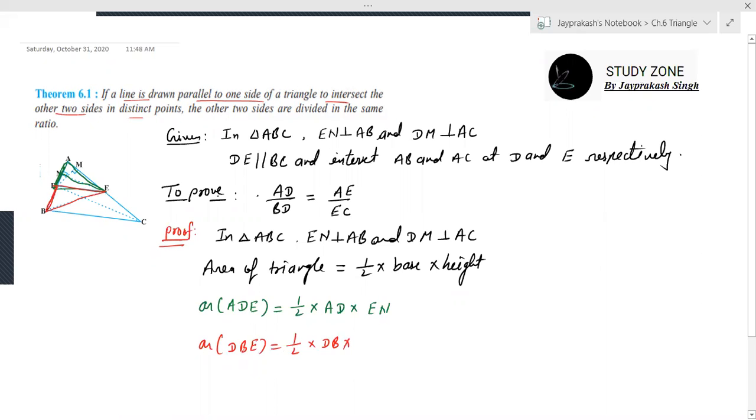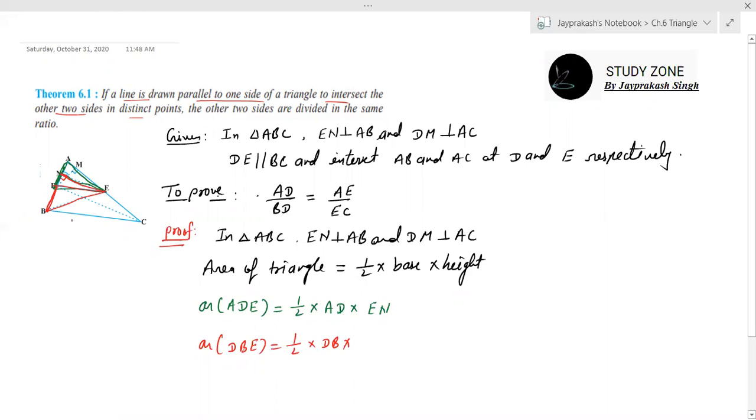So on the base DB, we have to take the height EN, because we know that the height or altitude of a triangle may lie outside of the triangle, EN. So now we have two equations.